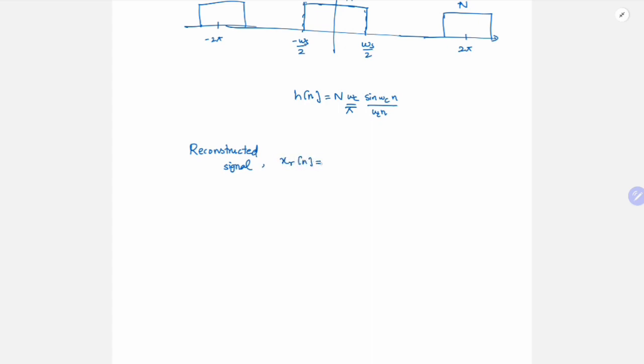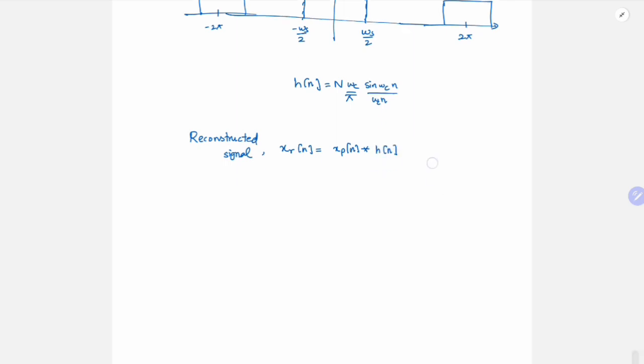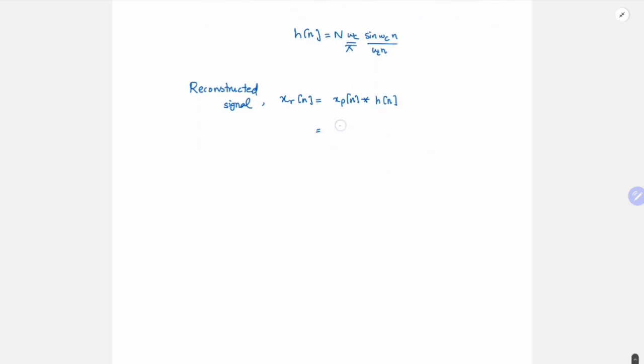My reconstructed signal xr of n will be xp of n convolved with h of n. Which will give me summation k equal to minus infinity to infinity x of kN into the shifted version of this. So N omega c by pi sine of omega c into n minus kN by omega c into n minus kN.